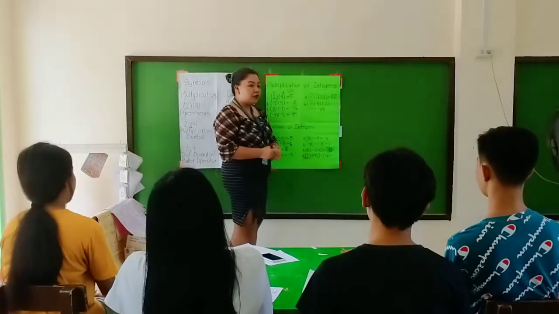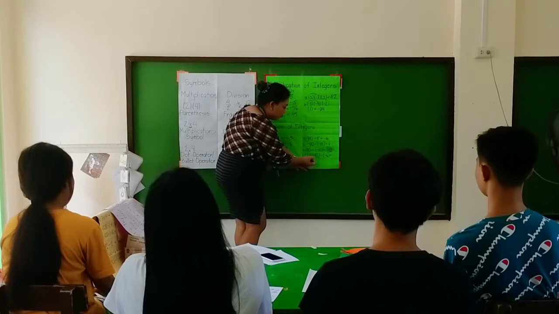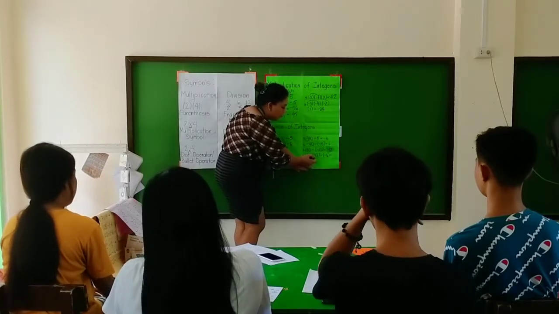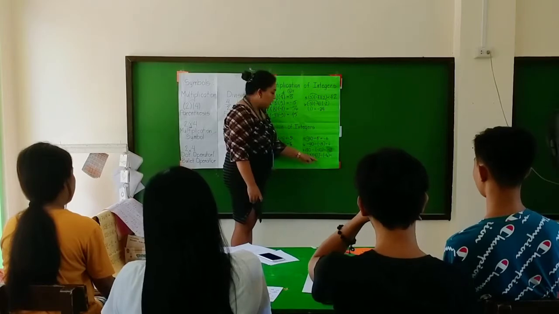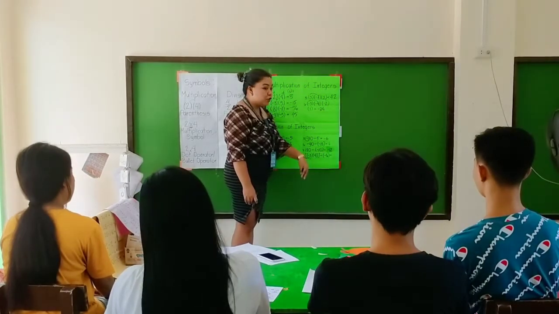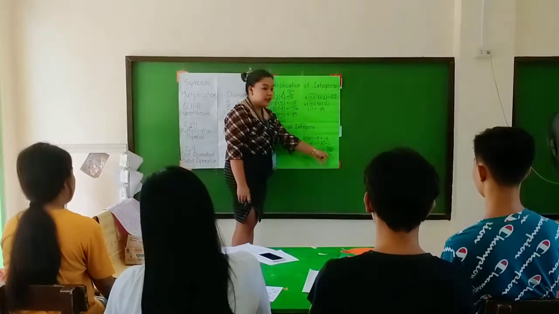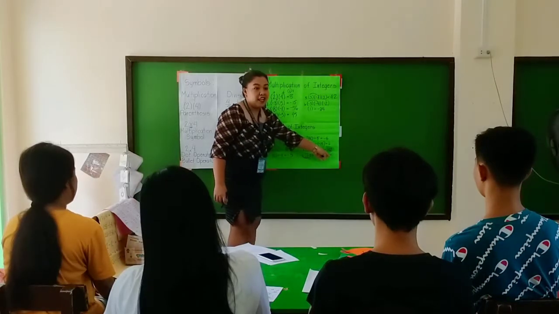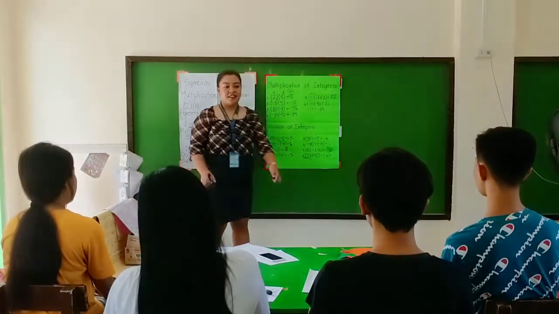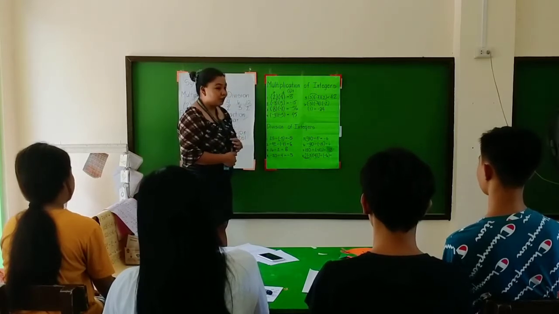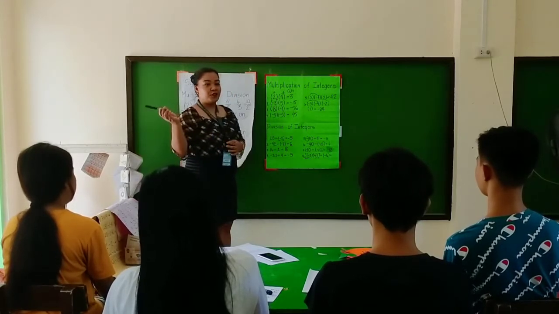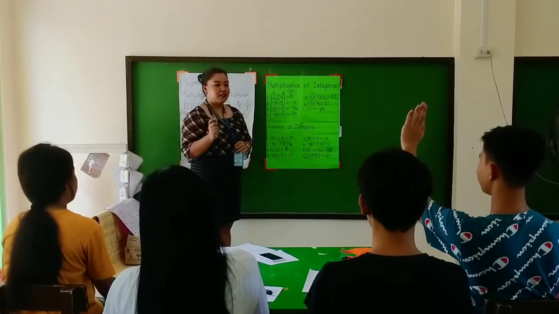Okay. So, once you get the product, because the operation we will use is multiplication. Okay? When you get the product, you divide it by negative 6. Okay? Is that clear? Yes, ma'am. Okay. If that is really clear, who can answer or who can try?